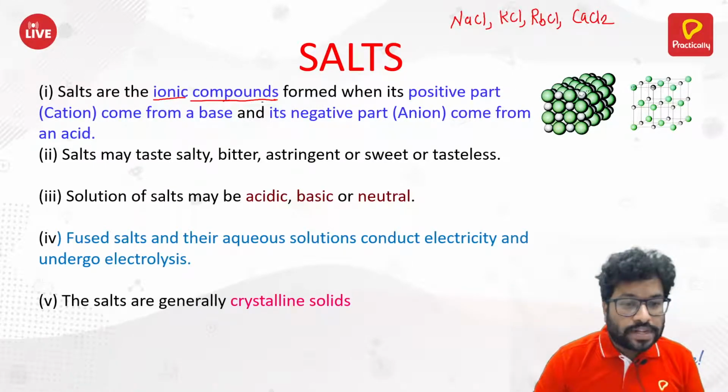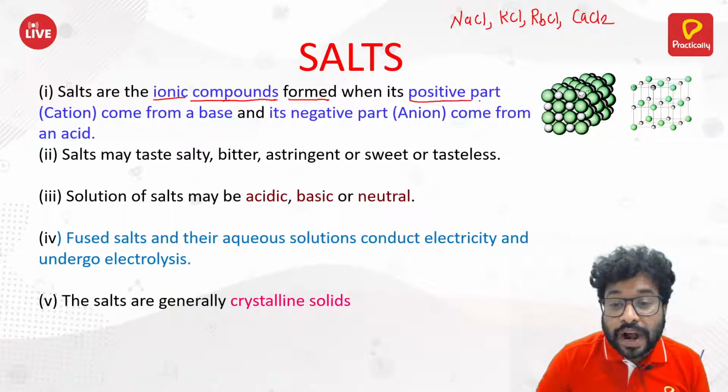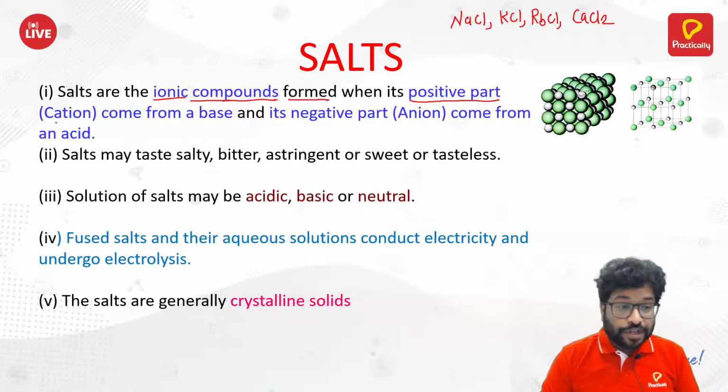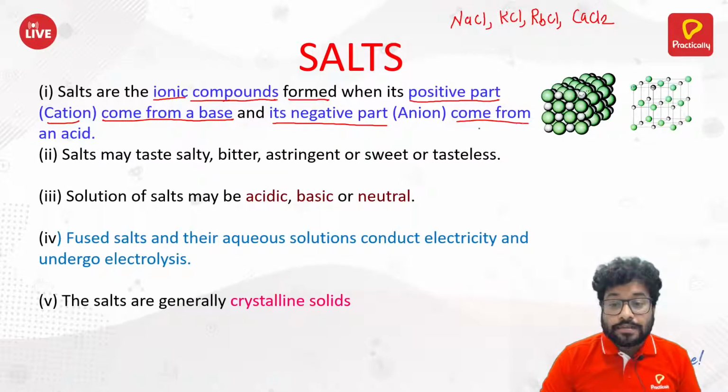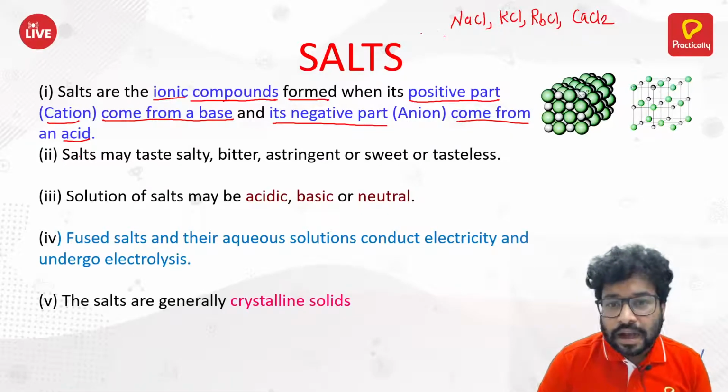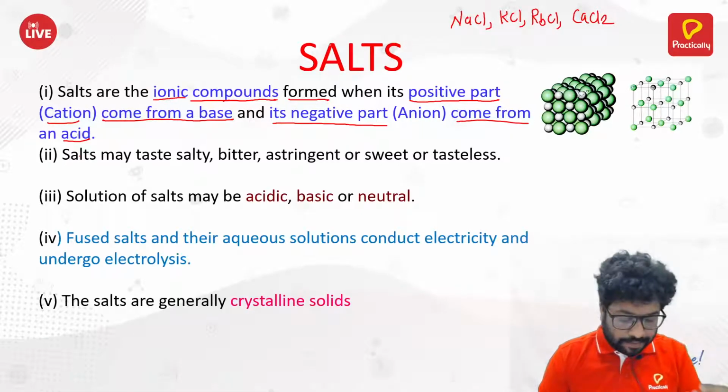Salts are ionic compounds formed when the positive part, the cation, comes from a base, and the negative part, the anion, comes from an acid.